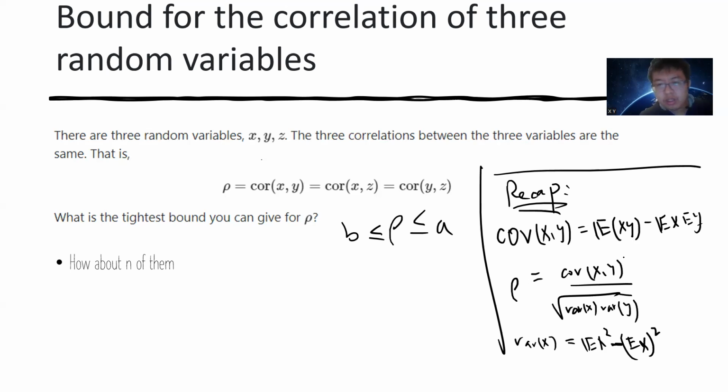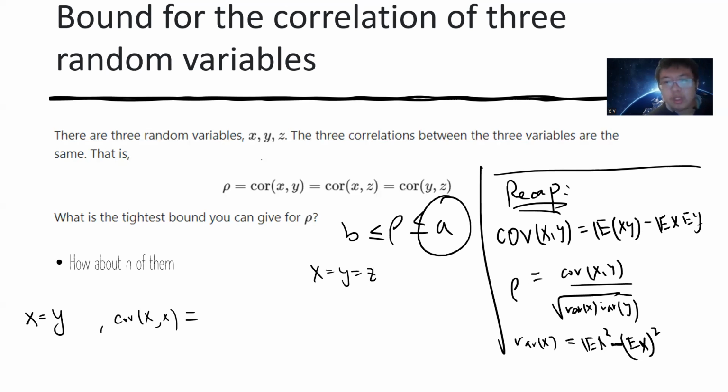The upper bound is trivial, right? If I want to make rho large, I can just choose x the same as y, the same as z. Obviously, when x equals y, the covariance of x and y, by definition, is the variance.